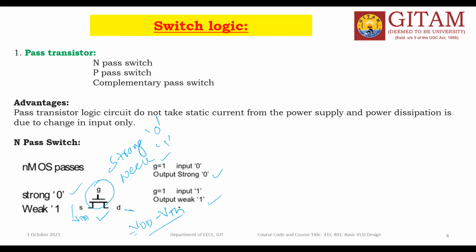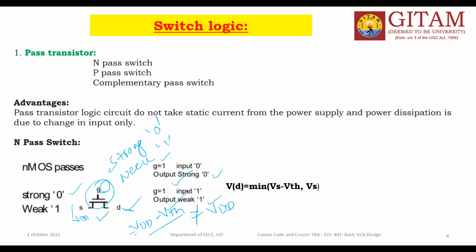This is not equal to VDD. That is called weak logic 1. Suppose G is equal to 0, the switch is open, output is 0, no question. So you have a strong logic 0, but weak logic 1.